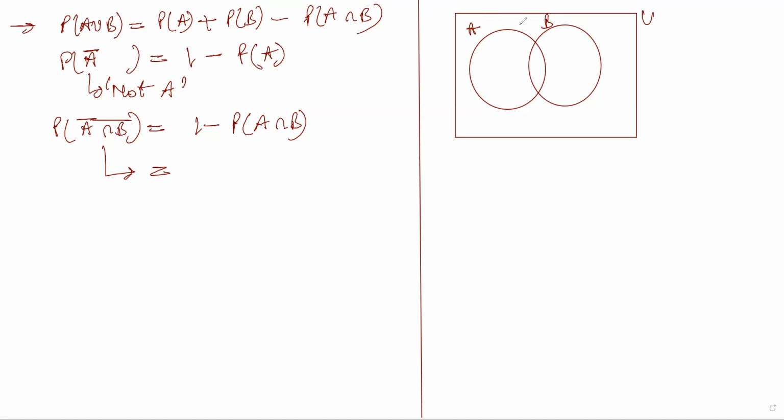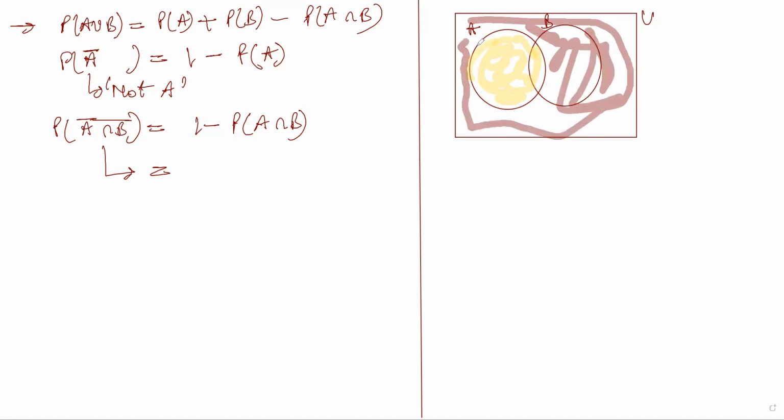Now, if I ask what is A complement, so this is A, right? Let me use some different colors to show you this. This space is A, this whole circle. So if this space is A, the obvious choice is that this whole other space is A complement, which does not contain A. Anything in the universe other than A is A complement, because A complement just represents not A, right?